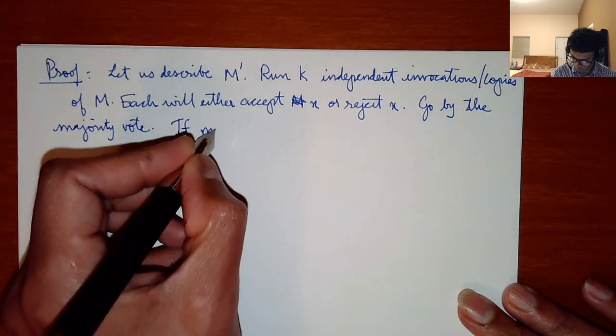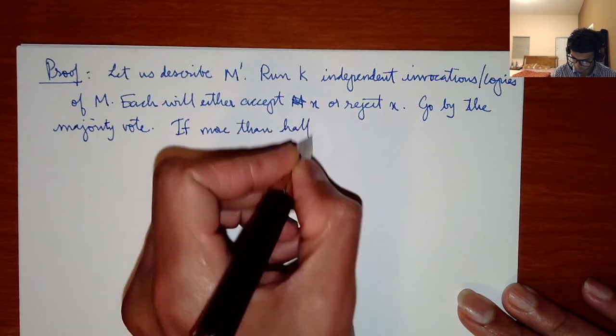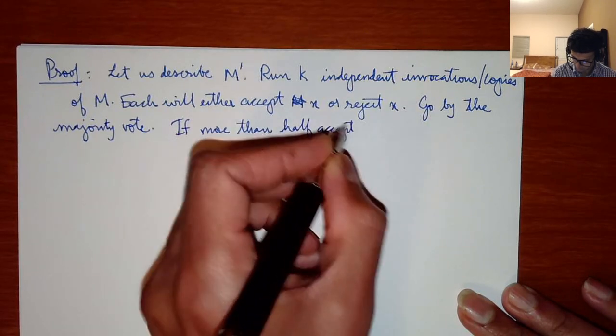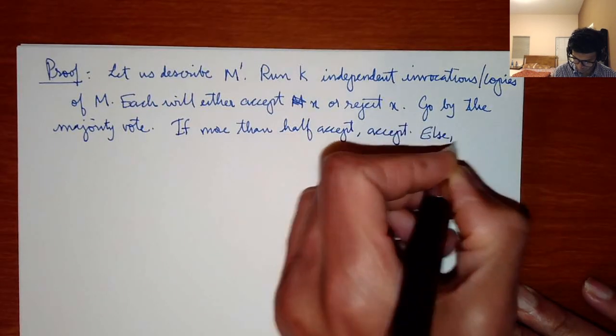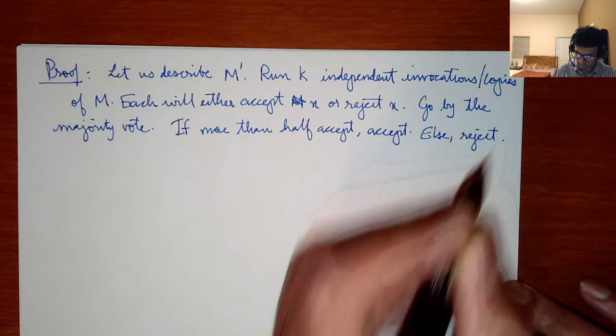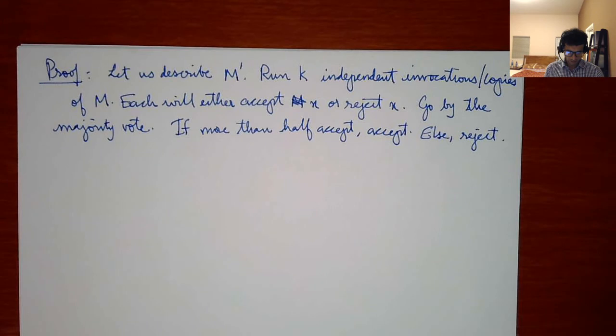If more than half accept, accept. Else, reject. So if more than half of the runs accepted, then M prime will accept, otherwise it will reject. Now this is similar to the RP primality argument, but there, you knew that when it rejected, it gave a certificate, so you could just stop. But here, because you have error on both sides, you just run many copies, and then you take the majority vote.